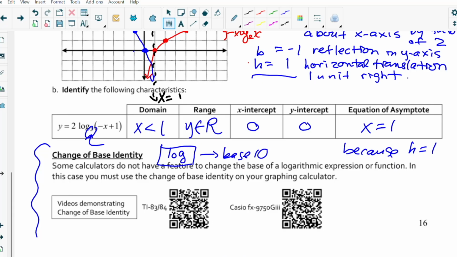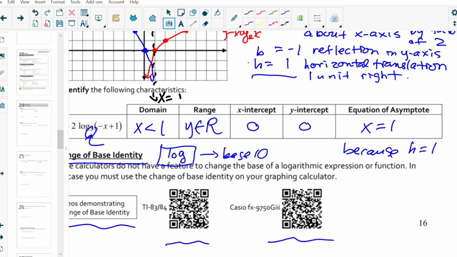If you do something with a base 2, you're going to have to know how to do the change of base identity on your calculator, or most calculators now have a feature that allows you to change bases automatically using a quick keystroke. So this is a demonstration. Again, review this, but you should have come into this lesson knowing how to do this, also knowing how to graph basic functions.